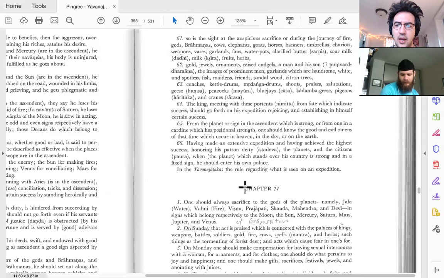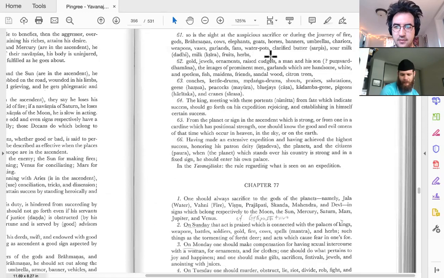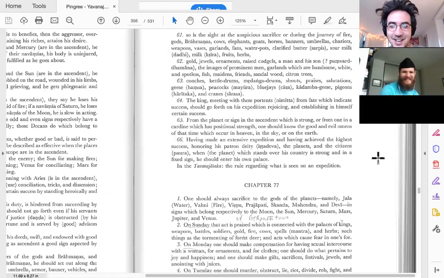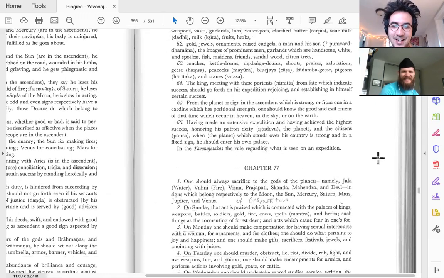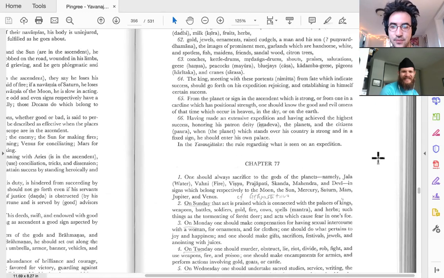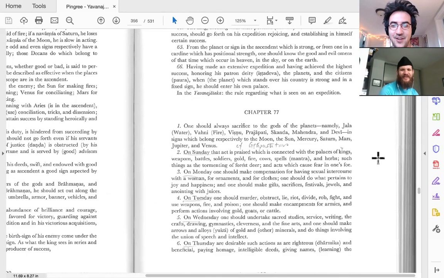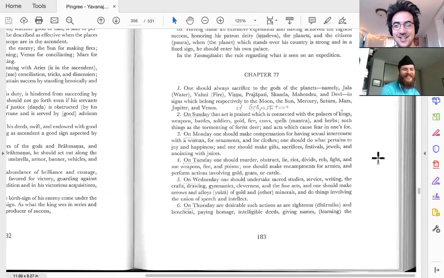And then he just goes into this whole thing about goats and animals and horses and men and drums and cheese, not cheese, geese. I don't know. It kind of fizzles out here at the end. So okay, chapter 77. Fizzles out. Yeah, that's a great way to put it.